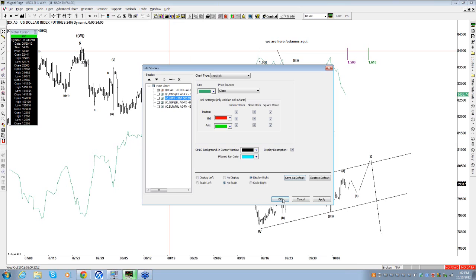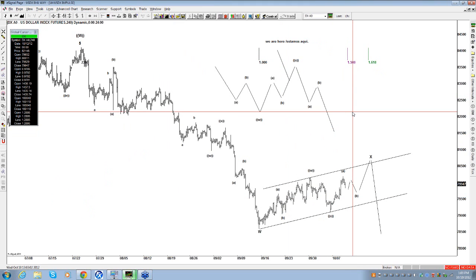Still, we believe that cable is going to go to around 161, and from there it's going to drop to 158, 159 before going to 170. You can say that I said that, going to 170. S&P to 1400, 1393, 1414, even 1370, and going to 1500.